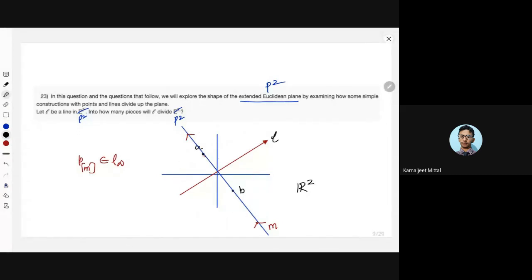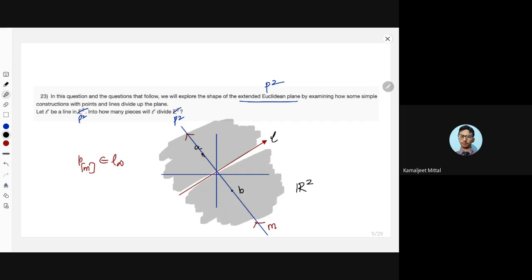So this is one reason that I'm interested in, and this is another reason. I have taken 2 points, and I can walk from A to B by a point at infinity.